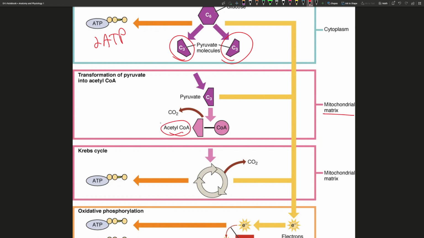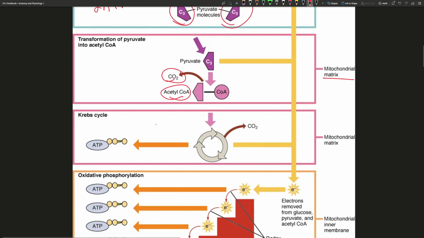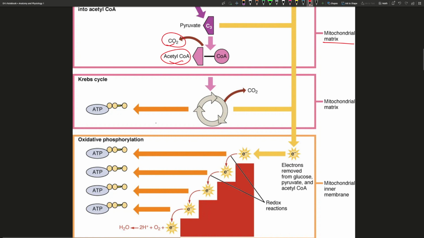So the matrix is like the cytoplasm of the mitochondria. So pyruvate to acetyl-CoA, and there's where some of the CO2 you exhale comes from. And then we go through what's called the Krebs cycle, which is also in the mitochondrial matrix, and a whole bunch of CO2 comes out there, and a whole bunch of electron carriers, and a little bit of ATP comes out there as well.